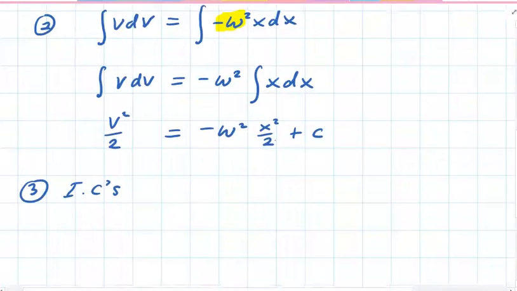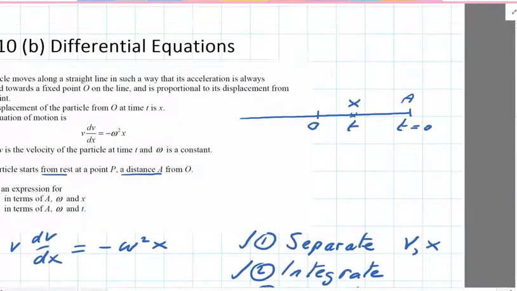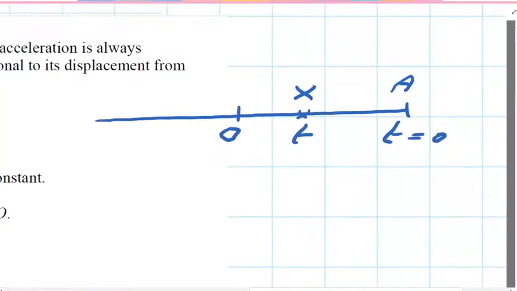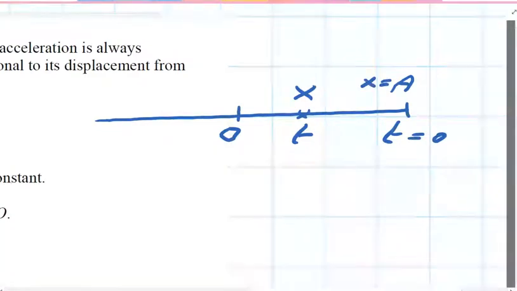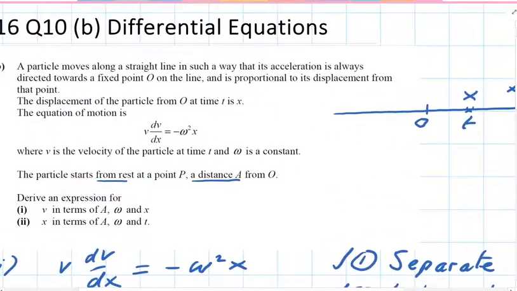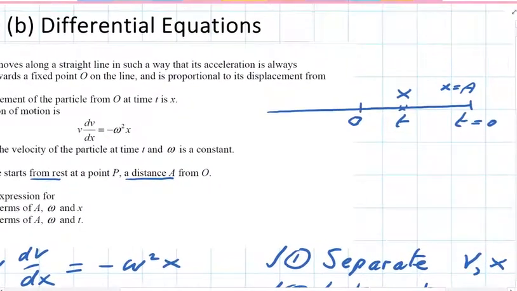Now we go back to the start and the information we're given. When x was equal to a, at the end point, the velocity was 0.